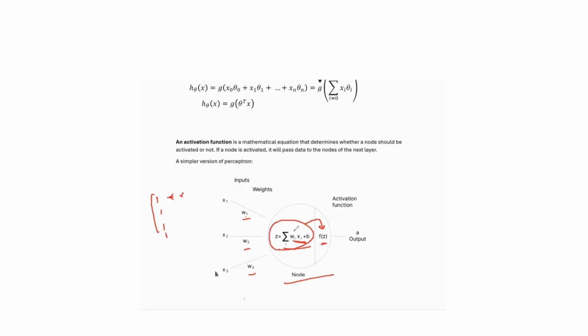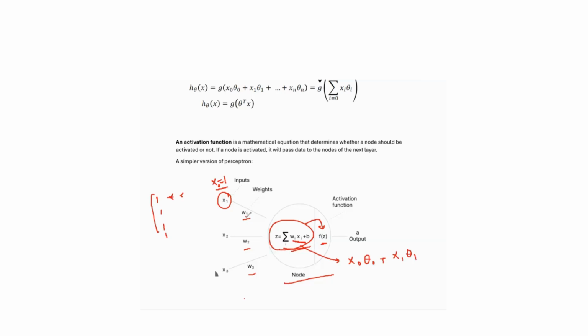In the neural network, we also have the first input, or bias. So if we explain this summation term, it will be x0 into theta 0 plus x1 into theta 1.